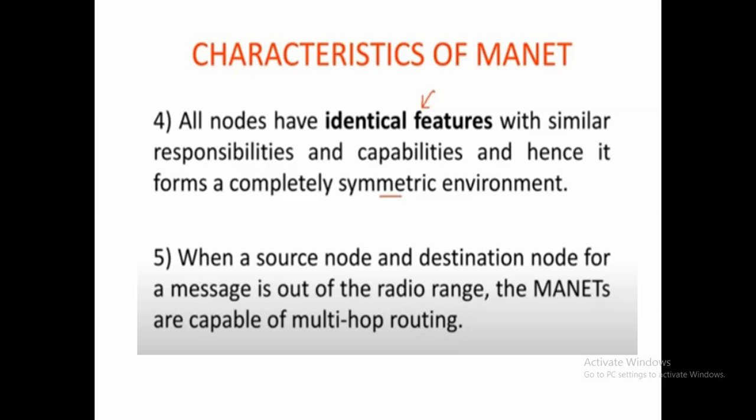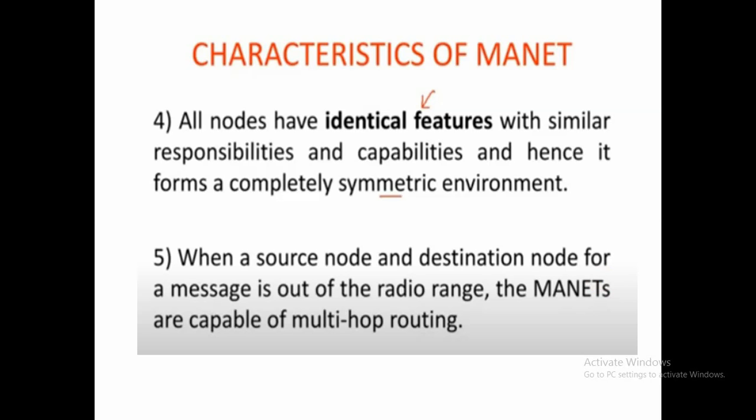We get a completely symmetric environment where a source node and a destination node, one sending and one receiving, may be out of radio range. The nodes are capable of multi-hop routing.